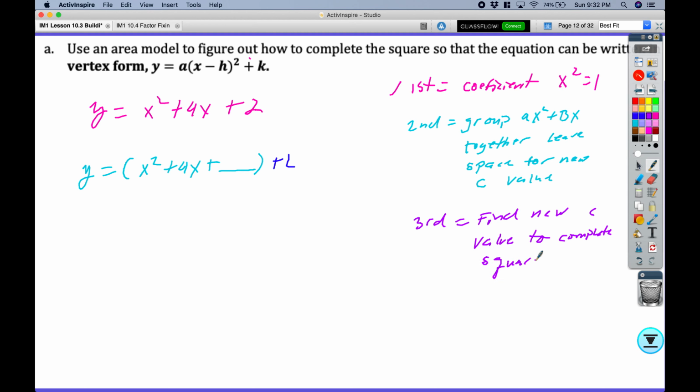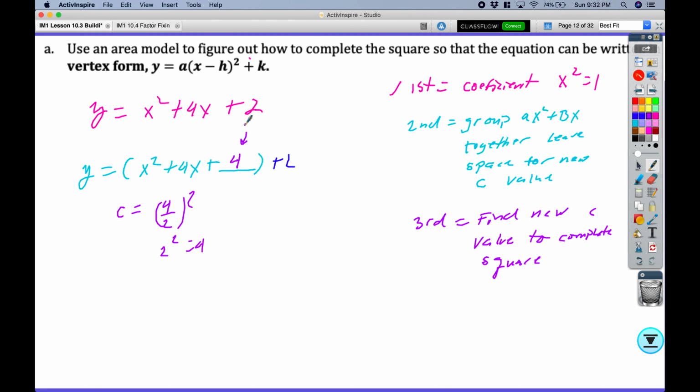So if you guys remember the previous lesson, we were just saying, hey, what can the c value be to get this to complete the square? So if I just gave you the problem x squared plus 4x plus blank, what would that c value need to be? Remember, c is equal to 4 over 2 to the second power. So 2 to the second power is just 4. So I would add a 4 right here.